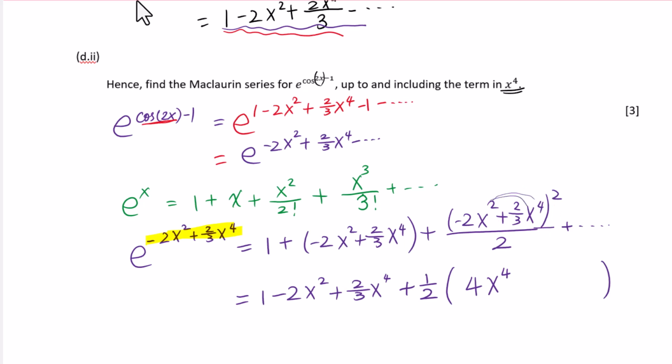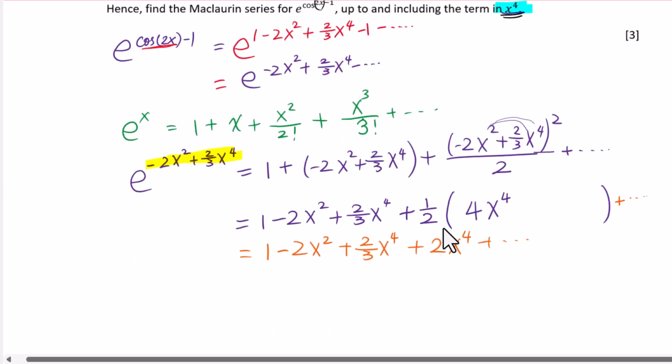These two times each other, we got x to the 6th power. We only need x to the 4th power. So we stop. Organize: 1 minus 2x squared plus 2 over 3x to the 4th power plus 2x to the 4th power here, and so on.